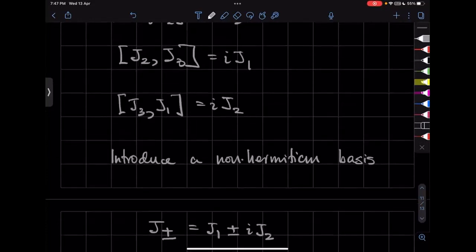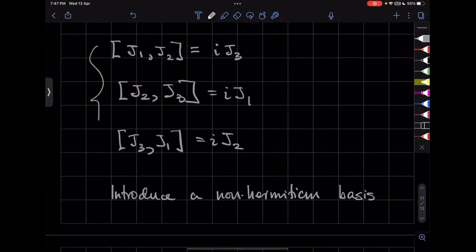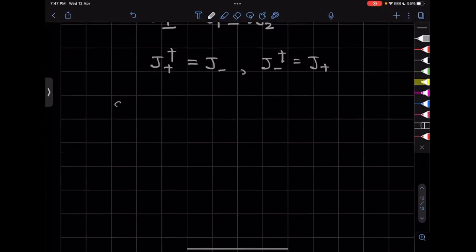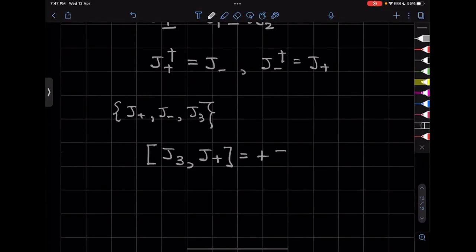Now, if we express these three commutation relationships in terms of J plus, J minus, and J3, then we get something like this. The commutator of J3 and J plus is plus J plus, and the commutator of J3 with J minus is minus J minus.